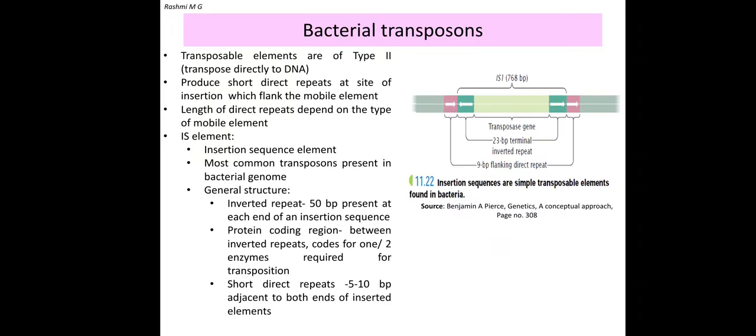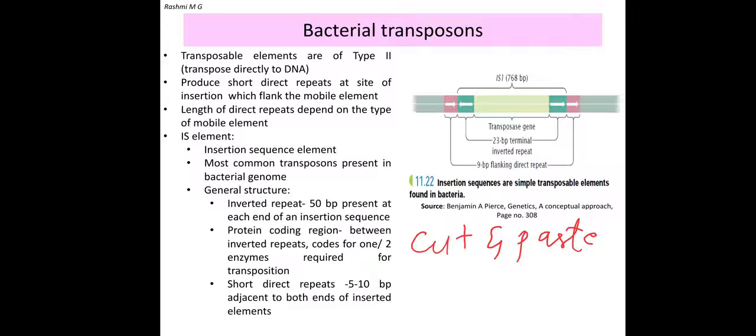The bacterial transposon is a type 2 transposon, where it transposes directly to the DNA and follows a particular mechanism, that is cut and paste. The transposable element sequence is cut in the donor DNA and pasted into the recipient DNA or the target site.